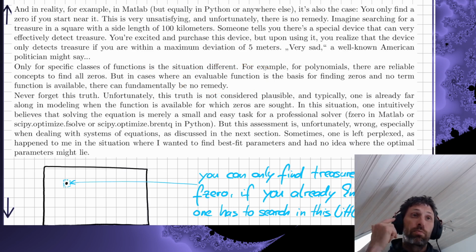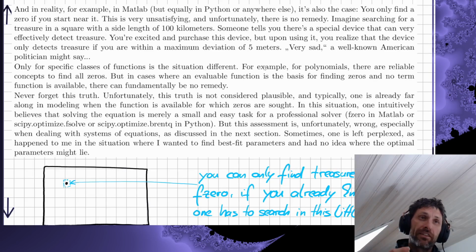MATLAB tells you, please give me initial starting values, otherwise I cannot start, or I can try, but if I'm not successful, I will tell you that I need better initial values. That's the truth about MATLAB and Python, and about all the others as well.